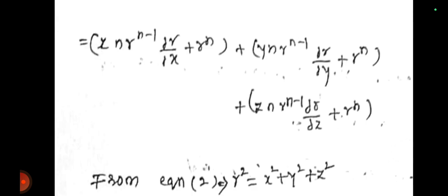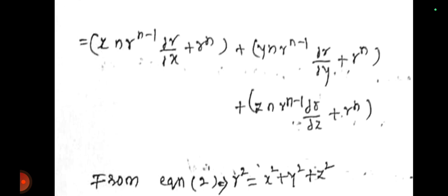We get x into n into r to the power of n minus 1 into dou r by dou x plus r to the power of n, plus y into n into r to the power of n minus 1 dou r by dou y plus r to the power of n, plus z into n into r to the power of n minus 1 dou r by dou z plus r to the power of n.